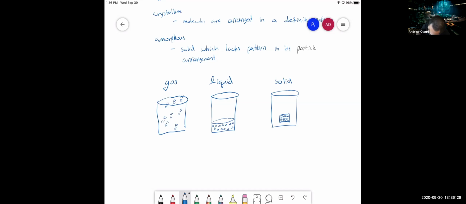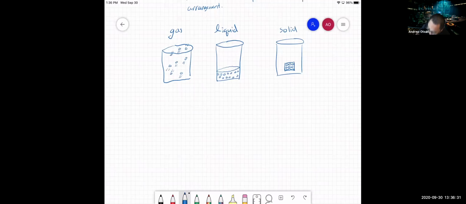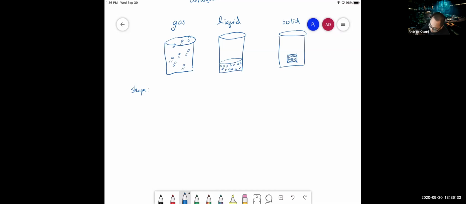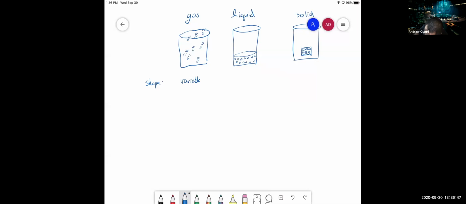Okay, so let's go over the shape. So shape of a gas. Well, the shape of a gas, we call it variable. What we mean by variable is that it takes on the shape of its container, the same as a closed container, right? So what do we mean by same as a closed container?